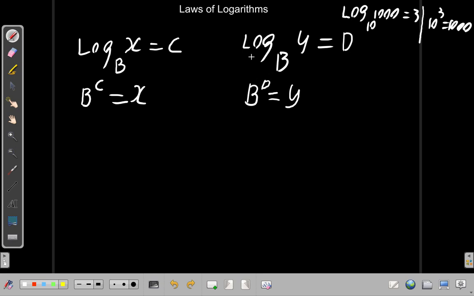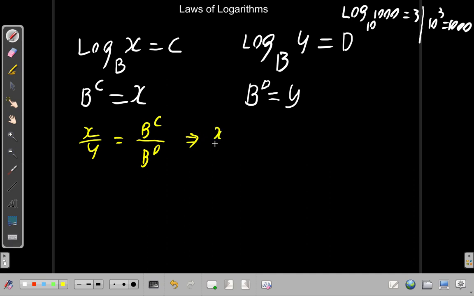Now, let us divide these. We say x divided by y equals... You can see that x is b raised to the power of c, and y is b raised to the power of d. What does it imply?